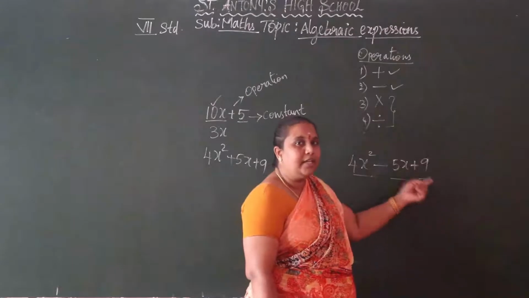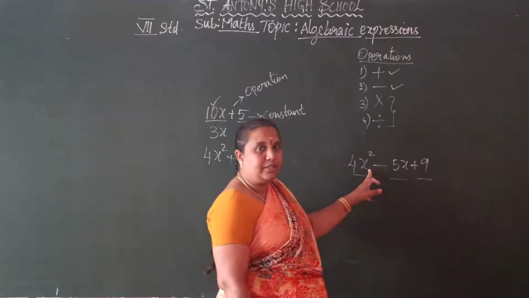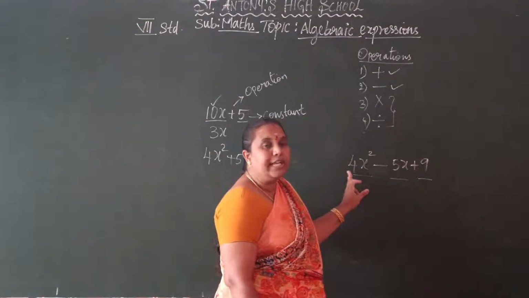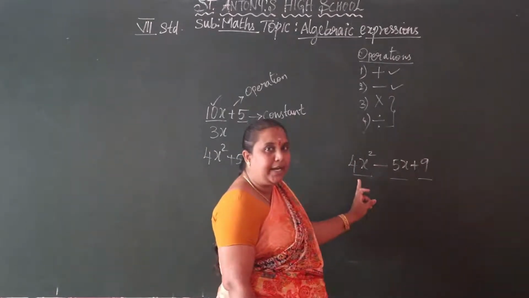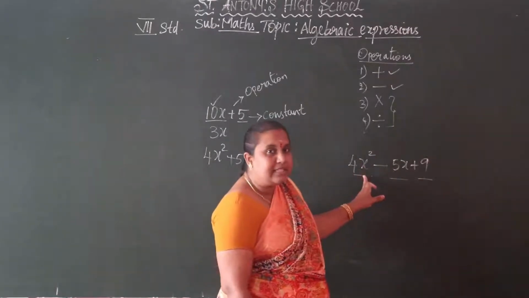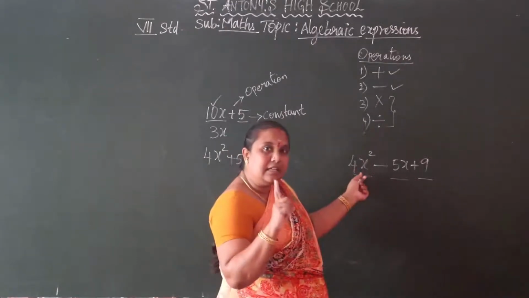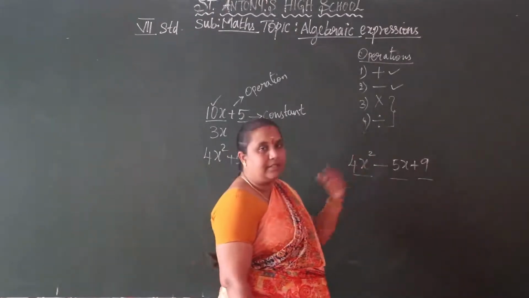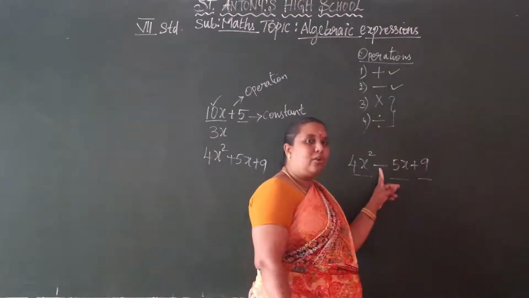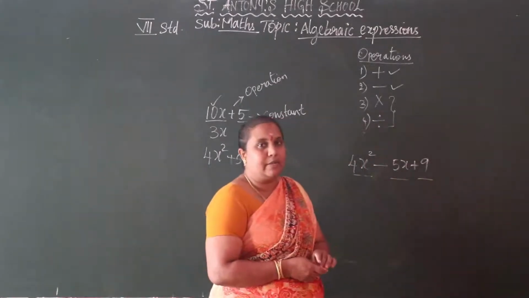Here we have multiplication: 4x square can be understood as 4 into x square. 4 is multiplied into the variable x square, so this multiplication doesn't separate the term. 4x square is a single term. Only addition and subtraction separate the terms in an algebraic expression.